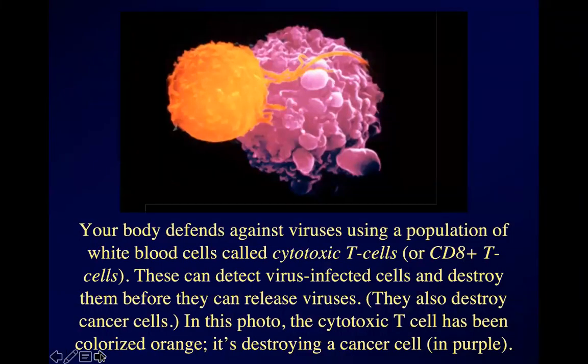By the way, I'll talk more about this on Thursday. Your body defends against viruses with a population of cells called cytotoxic T cells. In this picture, a T cell has been colorized. These are false colors, but the orange blob is a cytotoxic T cell that is destroying a cell that's gone cancerous.